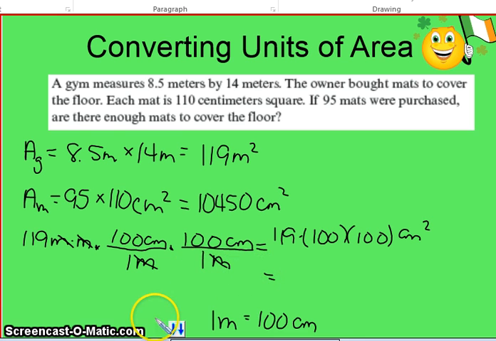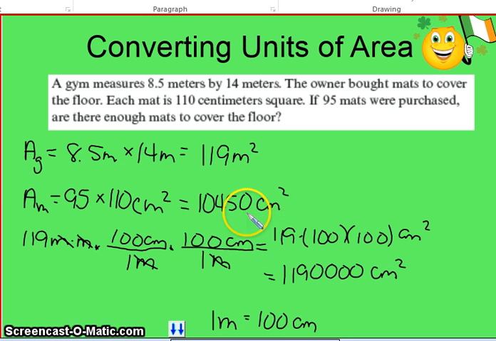And when we do that multiplication, we get 1,190,000 centimeters squared. So the area of the gym is 1,190,000 centimeters squared. And the area of the mats is 10,450 centimeters squared.